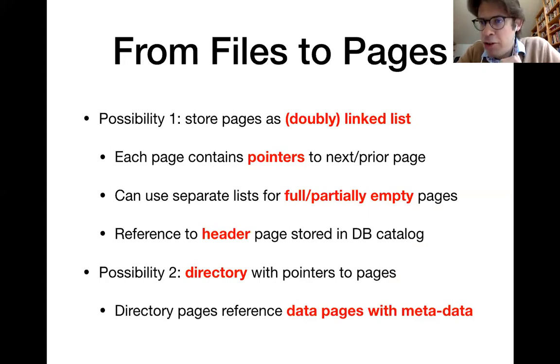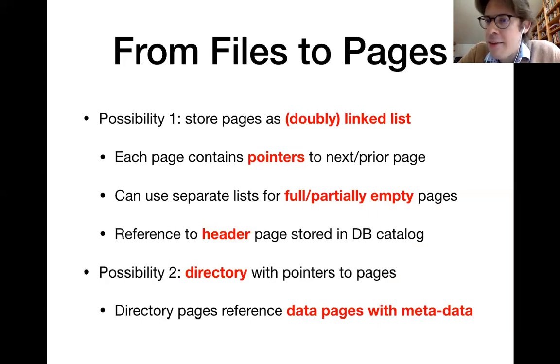Now, one first possibility is that we store those pages that belong to the same table as a linked list, meaning that one page essentially contains pointers pointing to the next and to the previous page. And so if I want to retrieve the data within a table, I just follow those pointers and read all the associated pages.